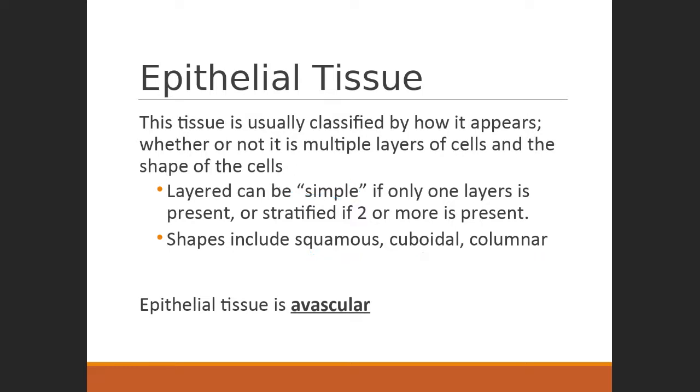And we use these two variables to mix and match to give us our tissue types. So we can have simple squamous, stratified squamous, simple cuboidal, stratified cuboidal. Remember, epithelial tissue, we mentioned this in integument as well, is always avascular. There is no blood supply going through epithelial tissue.